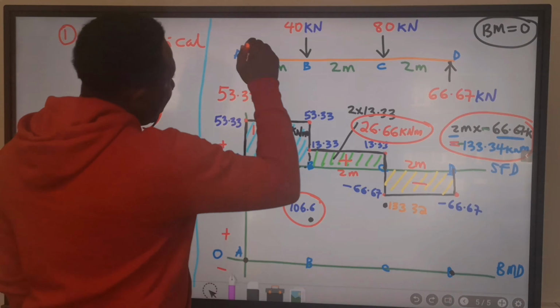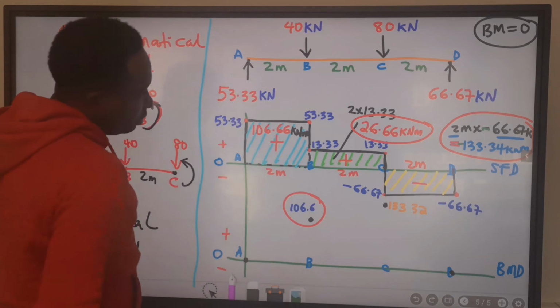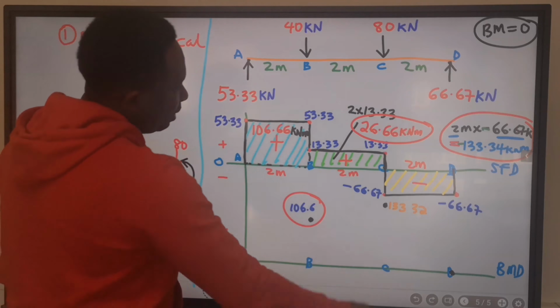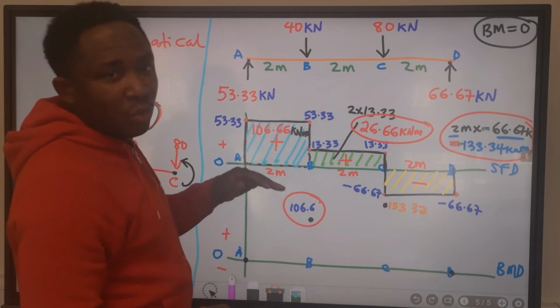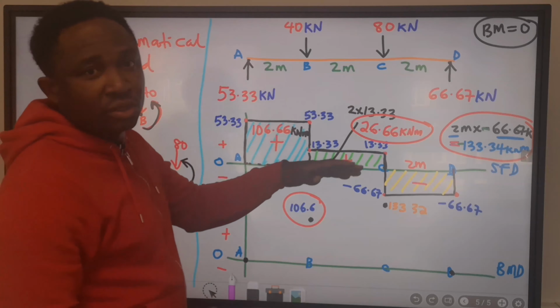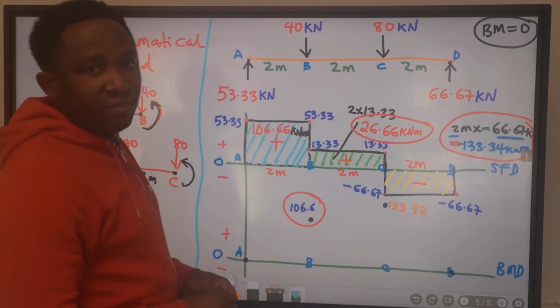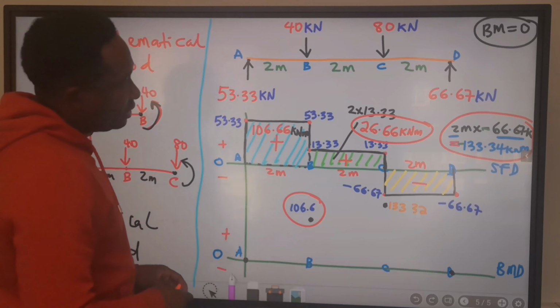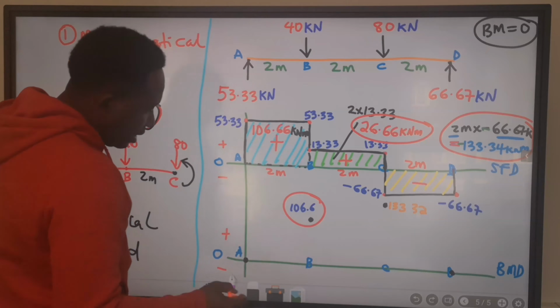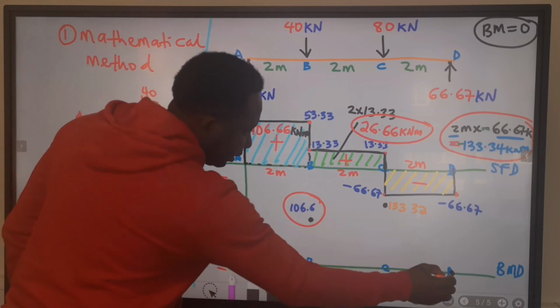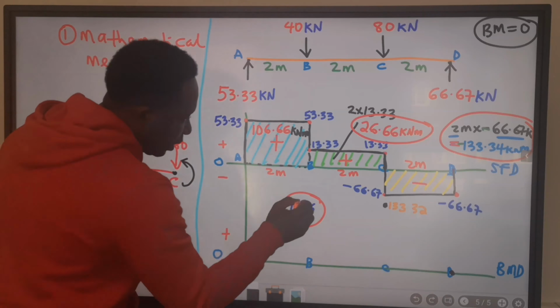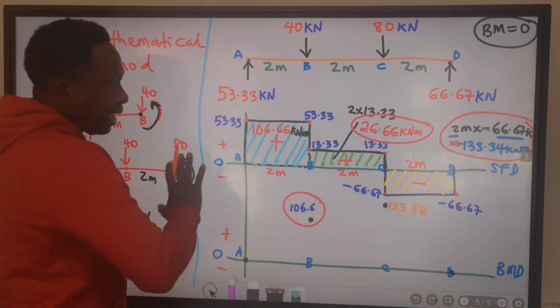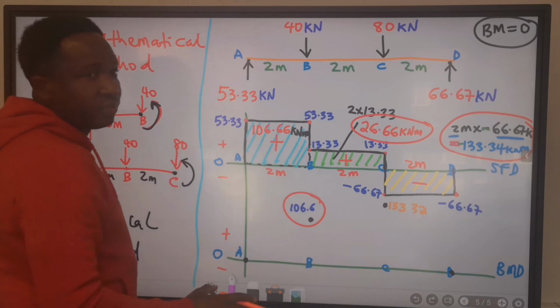Next, there is no uniformly distributed load on this beam. For beams with uniformly distributed load, including cantilever beams, check out the videos in the playlist. Next, I will join this point with a straight line. Here, we are not going to have a curve.